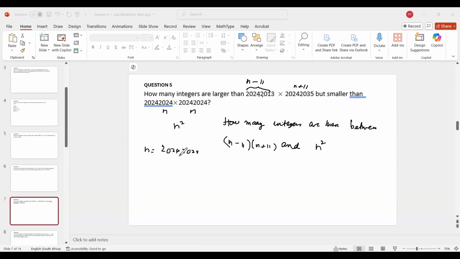How many numbers are there between this number and this number?